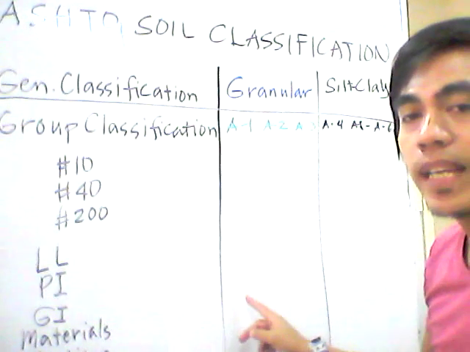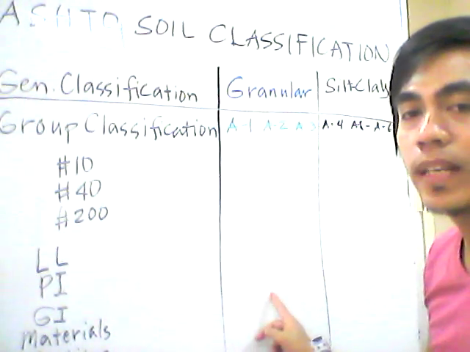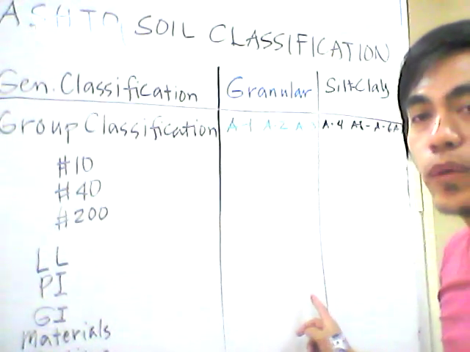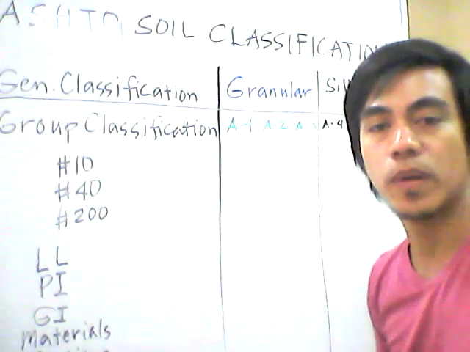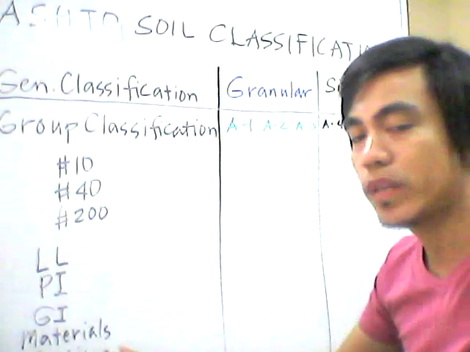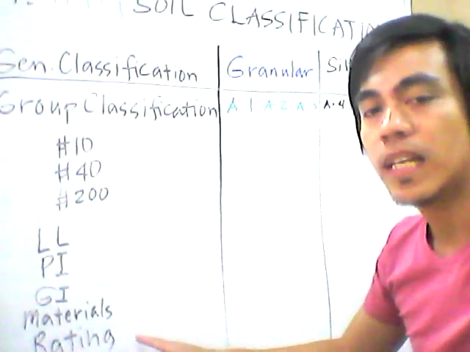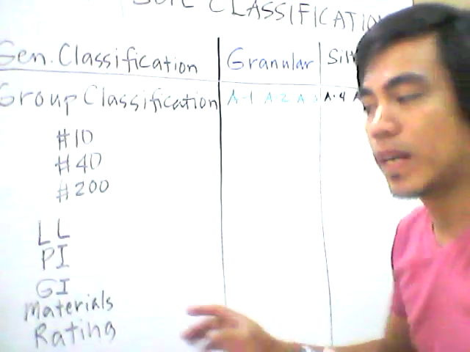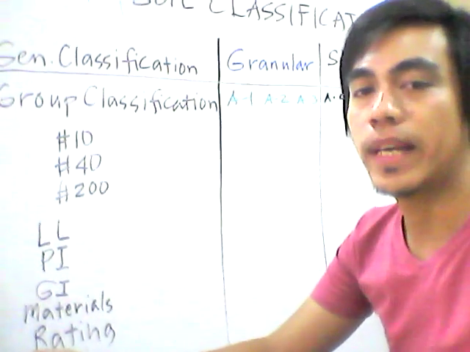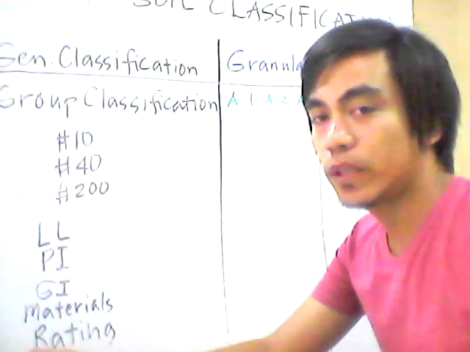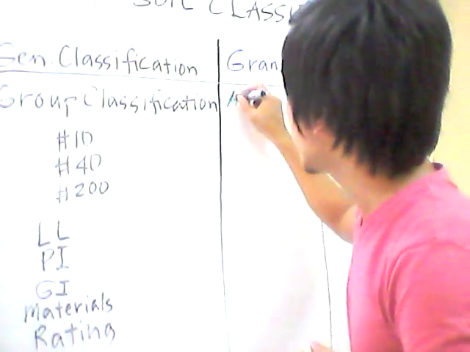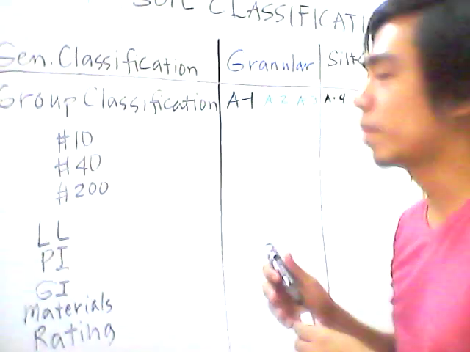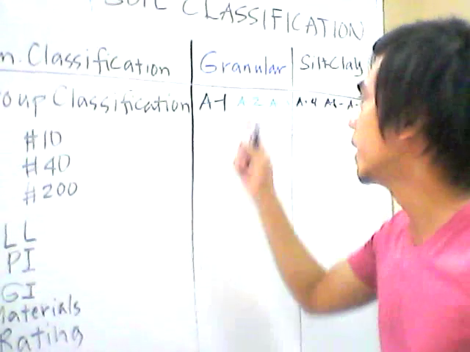Take note that the higher the group index, the poorer the material included in the soil sample. And then below the materials, we have the rating. AASHTO gives a rating for each group classification. Okay, so we are going to discuss the A-1 group classification under the granular.